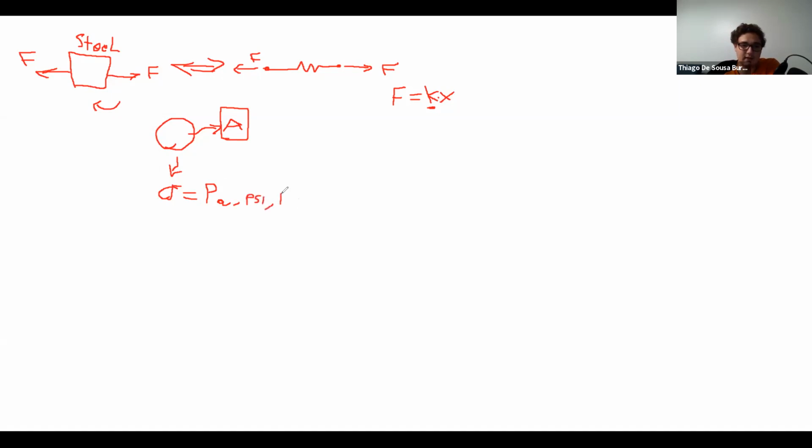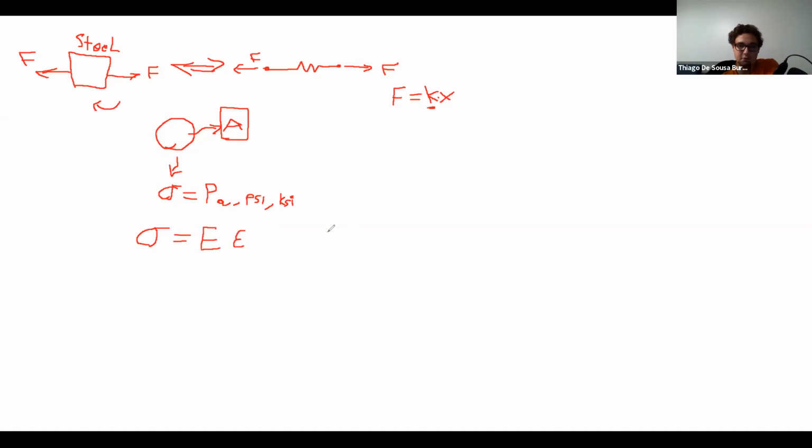Or commonly ksi, because these values tend to go pretty high. But in any case, the statement of Hooke's law for a material is that the stress is equal to this constant E, which is usually known as Young's modulus or the elastic modulus, times the strain.